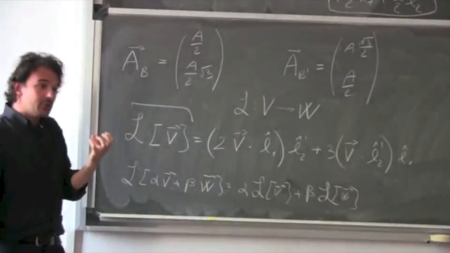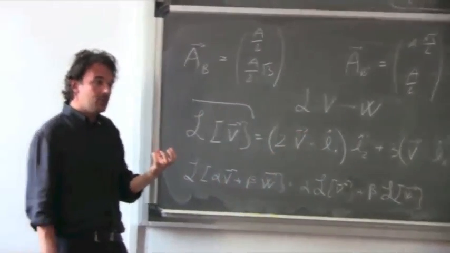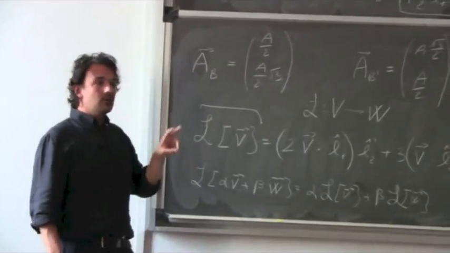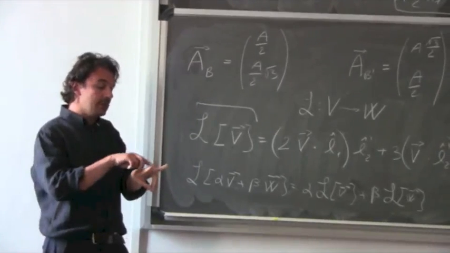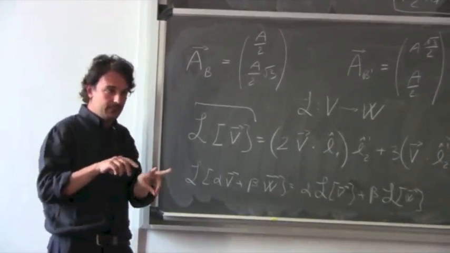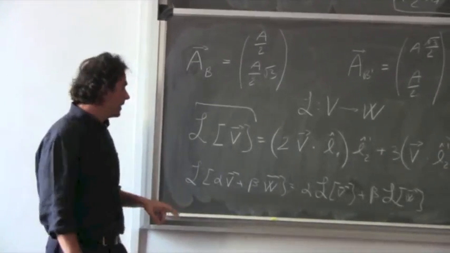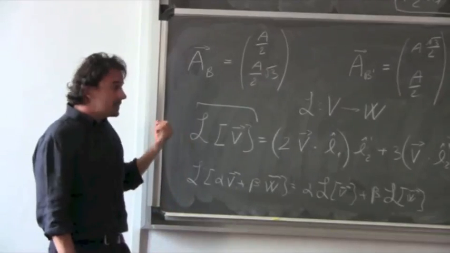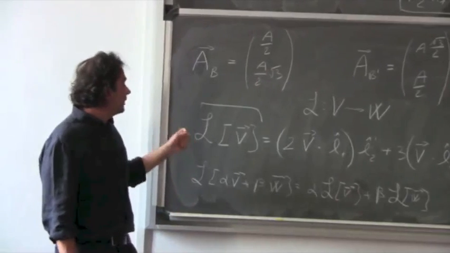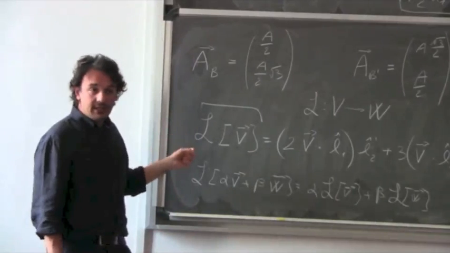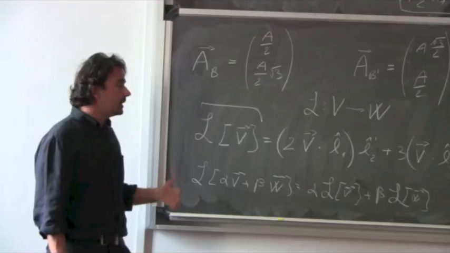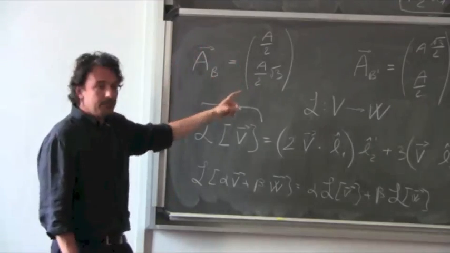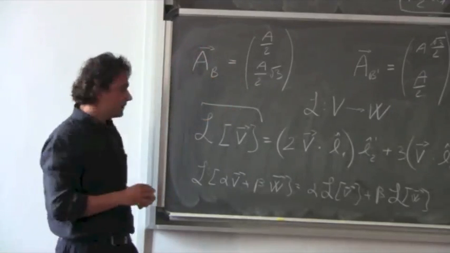So the representation of a linear application needs two bases, that can also be the same, but this is a particular case. This has to do with the fact that to represent a linear application, you don't need only a list of numbers, but a table of numbers.